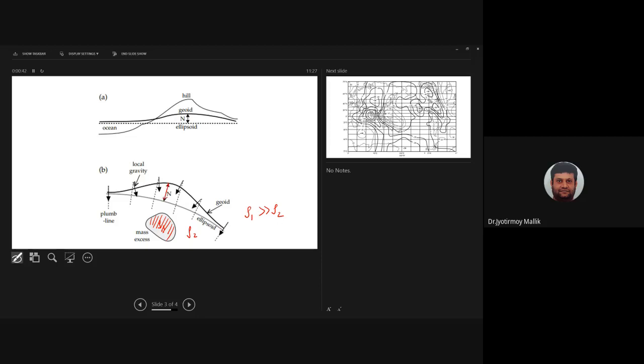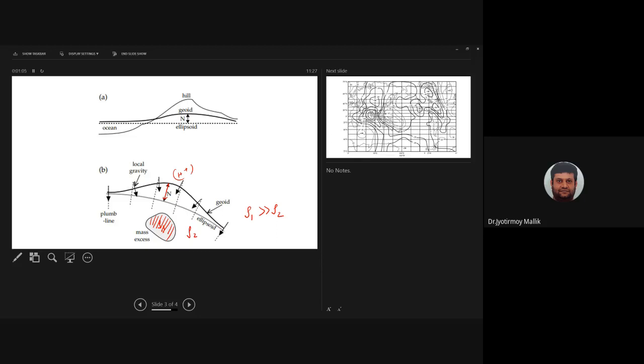So this is positive H. This can be happening due to the presence of a hill. You can see this even without the hill, this could happen because of the presence of a mass which has a higher density than the surrounding.